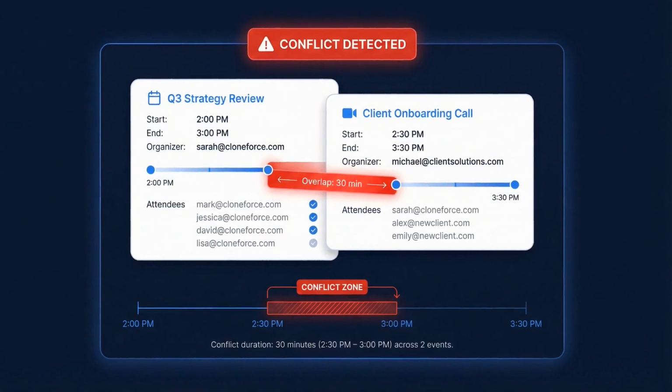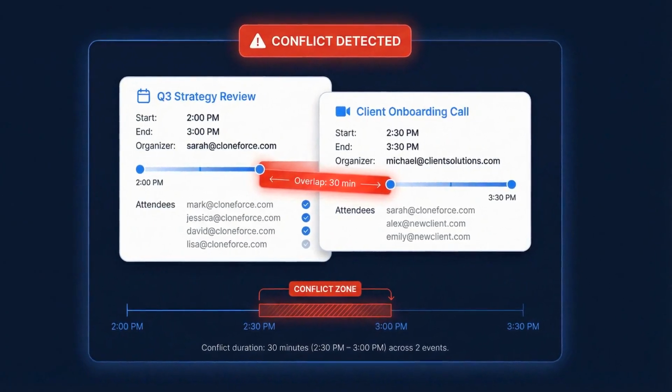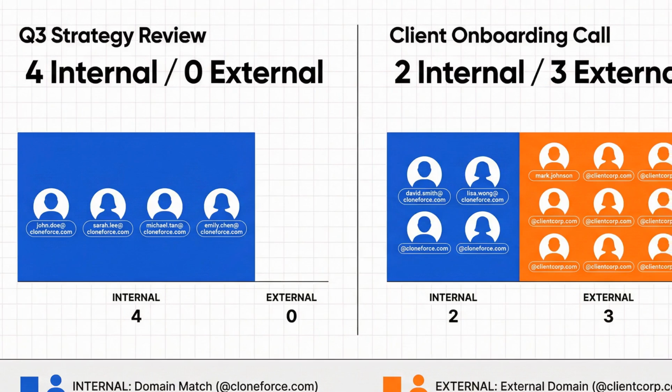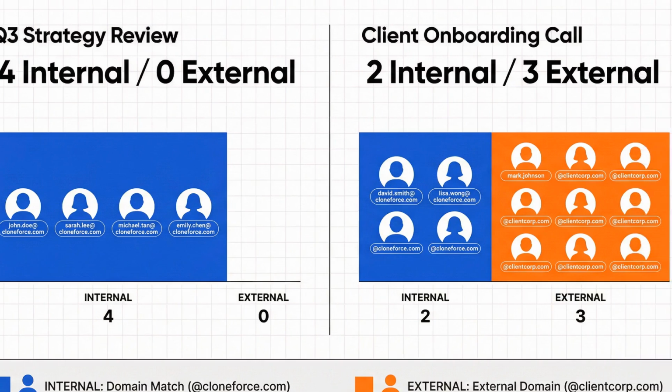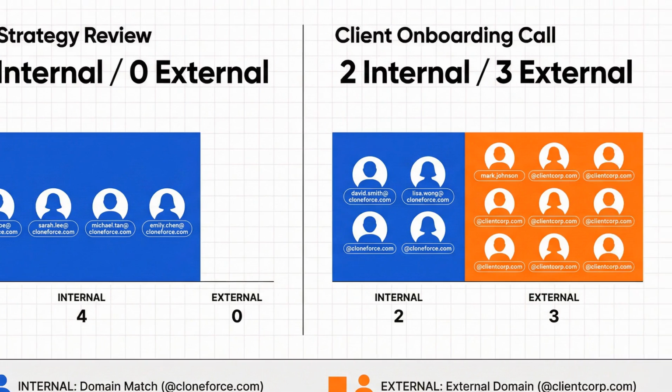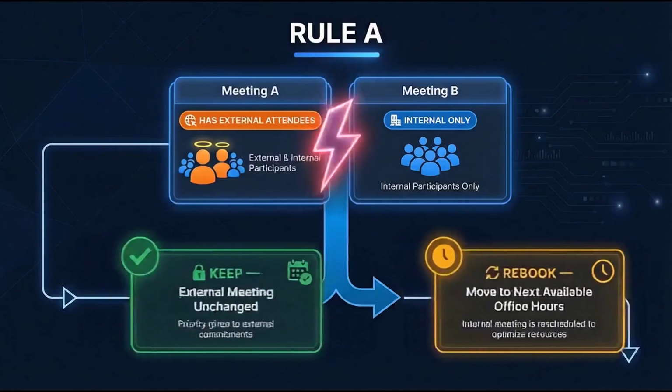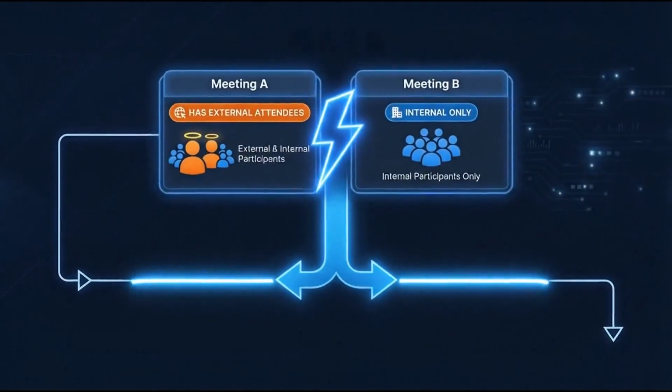For each conflict the system finds, it lists the conflicting events with titles, start and end times, organizer, and attendee emails. Then it counts how many internal versus external attendees are in each meeting. This is critical for applying the conflict resolution rules. Rule A is straightforward.